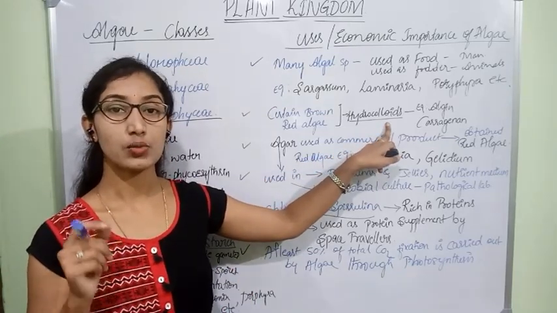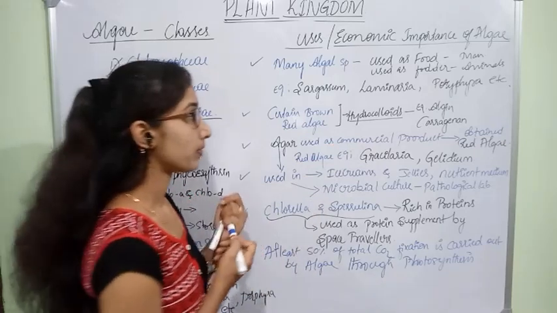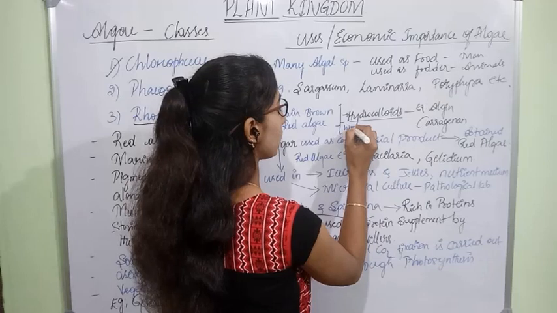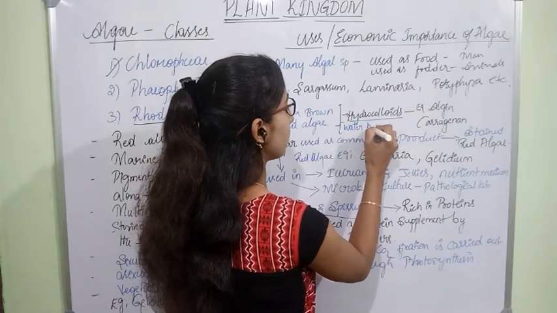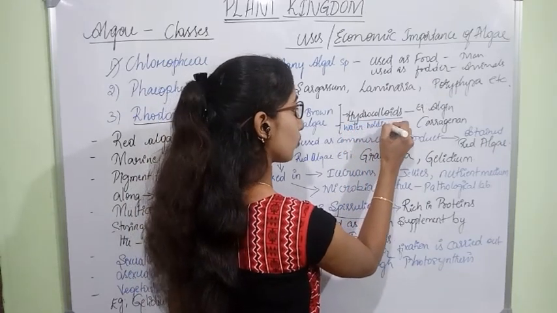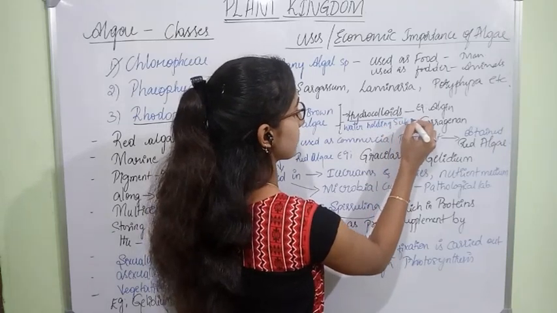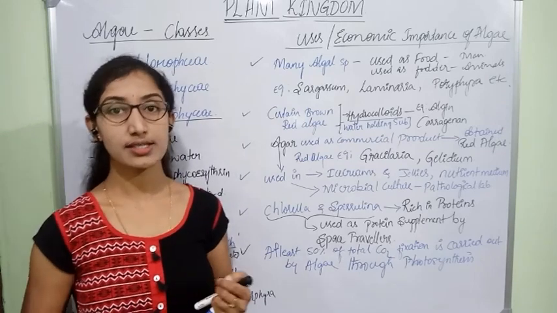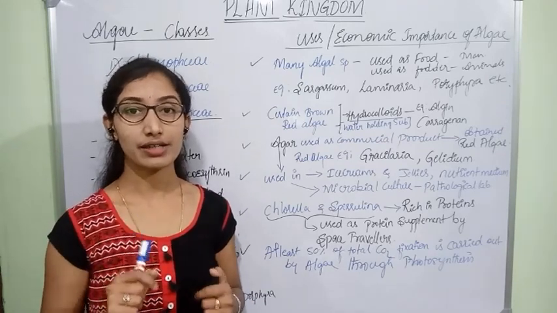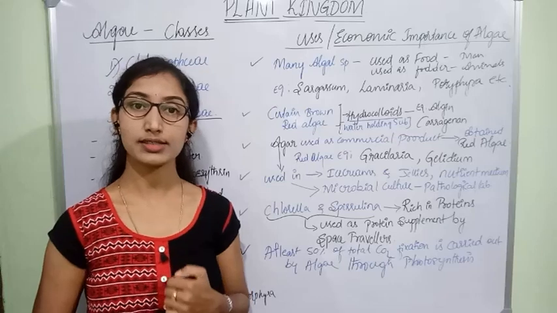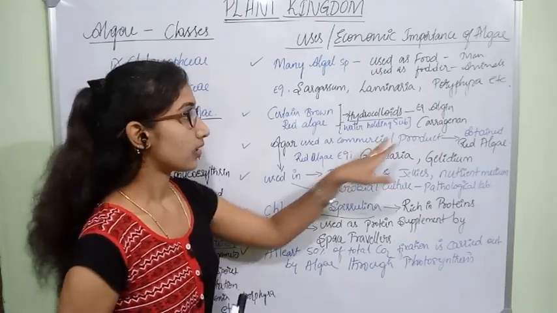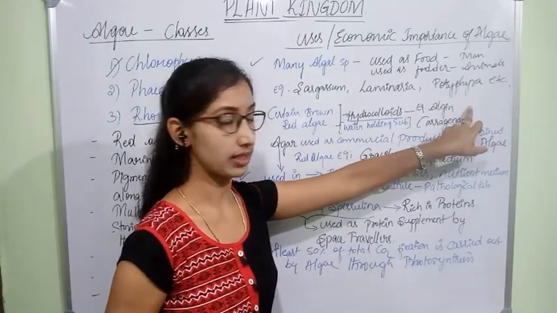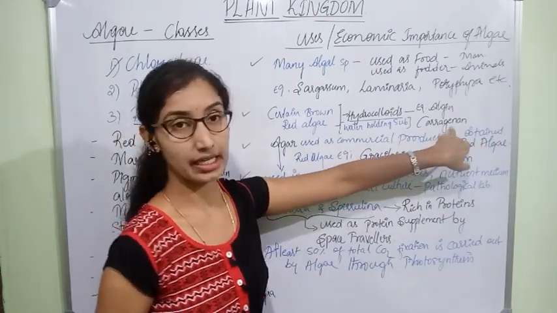These are the water holding substances. So hydrocolloids are nothing but water holding substances. So which part of the algae is used as hydrocolloid? We have mentioned here, algin is one and the other one is carrageenan.